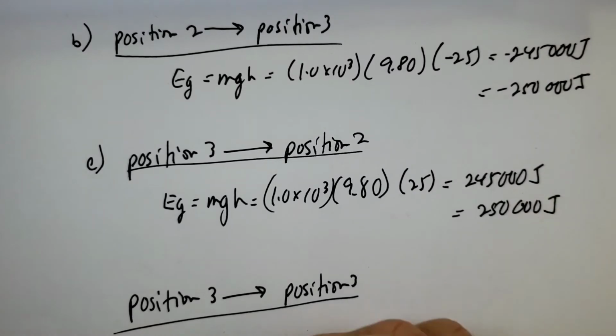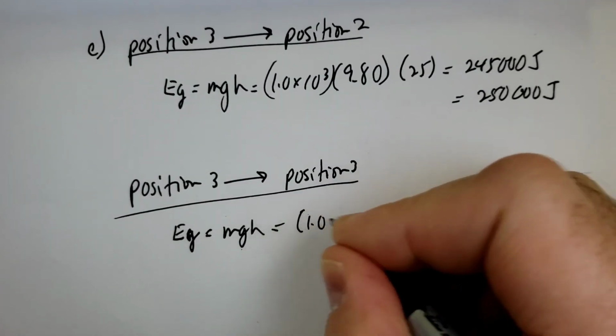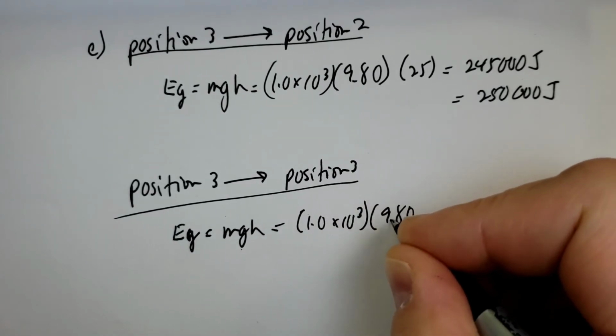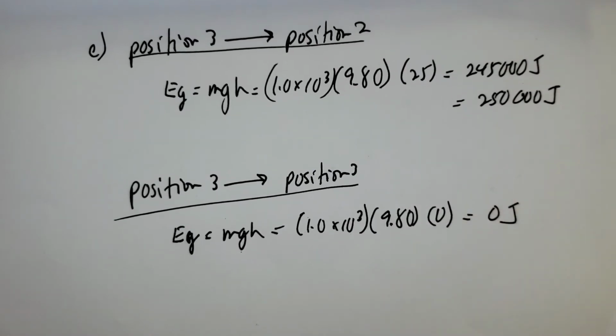And then position 3, yes, for moving from one point to the same exact point. So yes, it's kind of cheesy in that the height is going to be simply 0. We're not moving it at all because it's staying at the same point. Good.